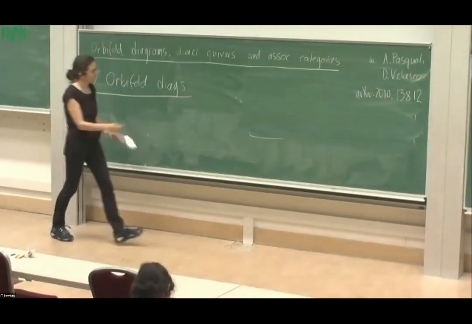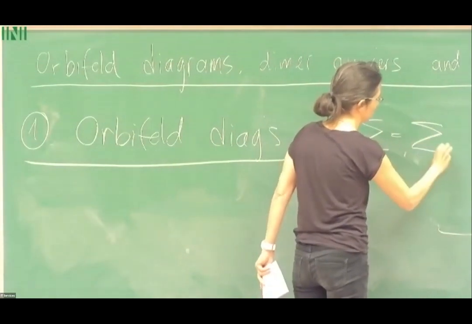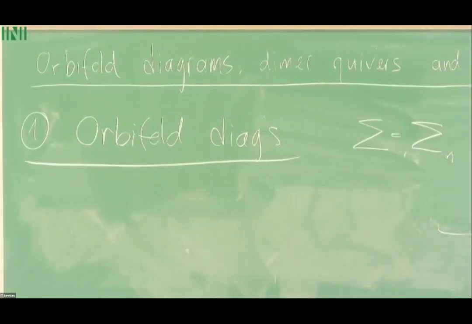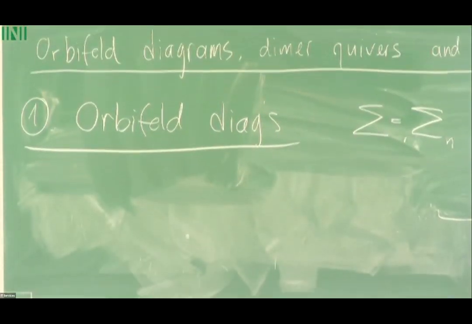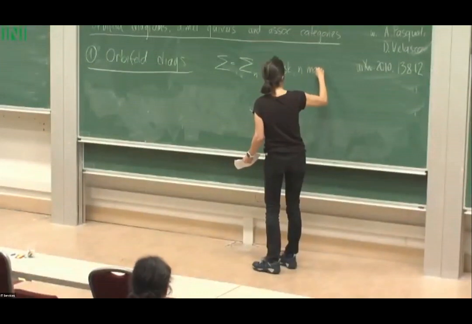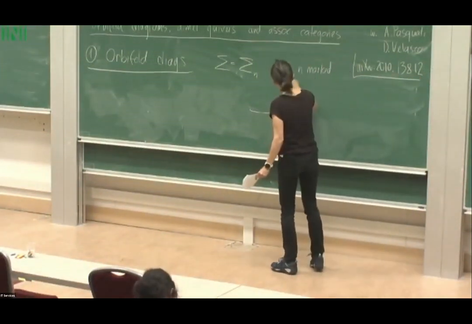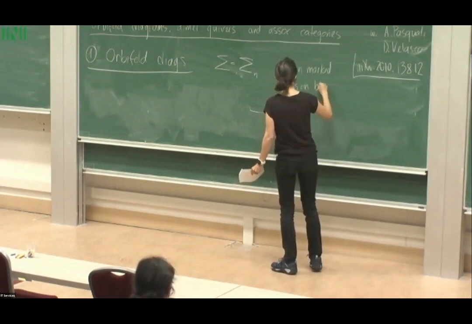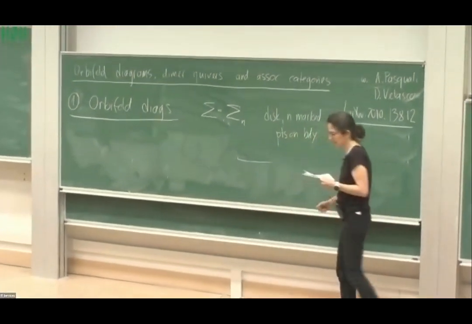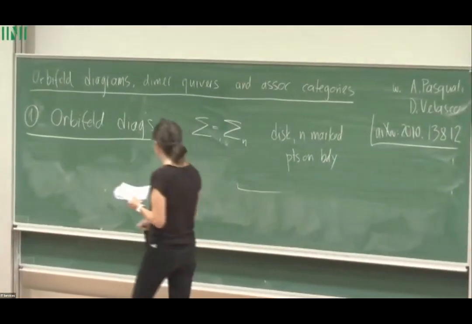So what do I mean by an orbifold diagram? I want to have a collection of oriented curves on some disk. And I call the disk Sigma_n. It has n marked points on the boundary. And then there is an orbifold point of some positive order.